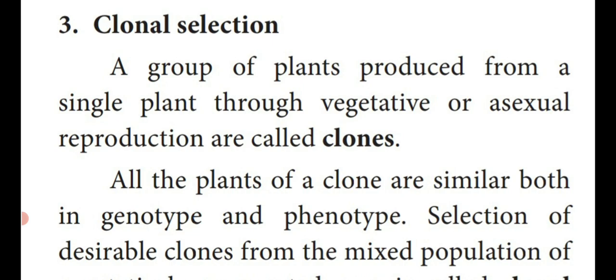In pure line selection we have to cross two different parental characters. But in clonal selection, we produce a large quantity of crops from a single parent plant through vegetative or asexual reproduction. Those newly formed plants are known as clones.